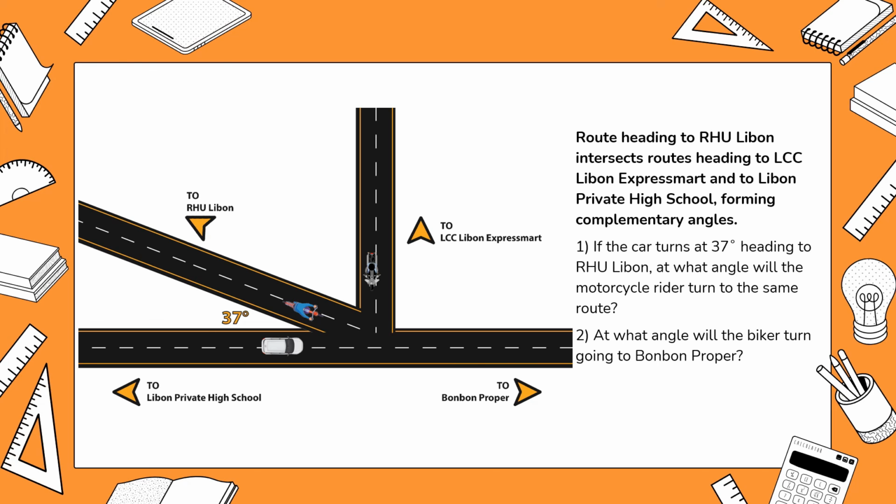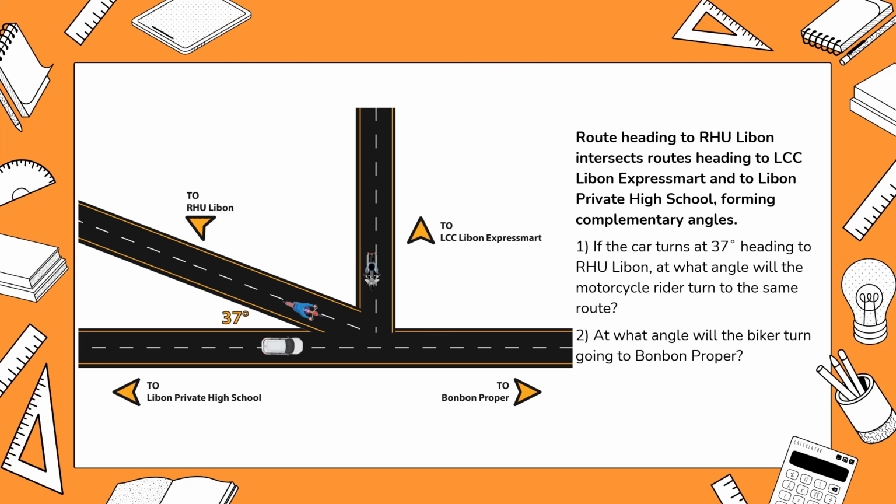We're going to subtract the 37 degrees. So 180 minus 37. What is its difference?